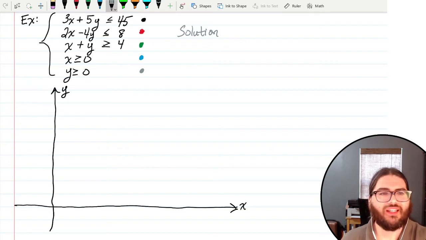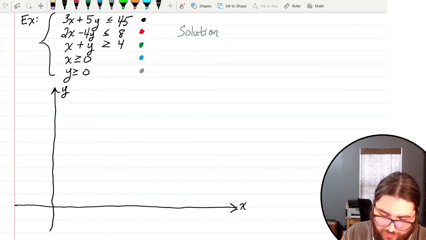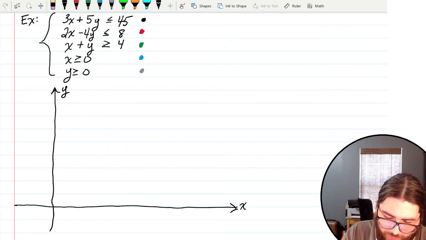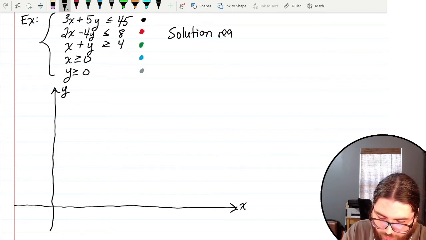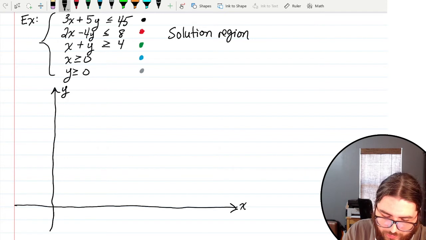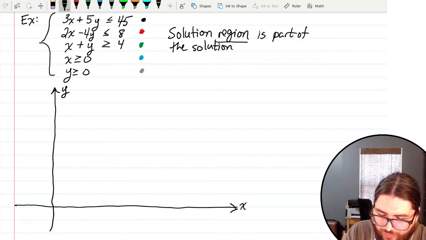We'll very quickly get into more than that for inequalities. So I want a region, it will have to be a graphical region now. The solution region is part of the solution for all 5 inequalities.